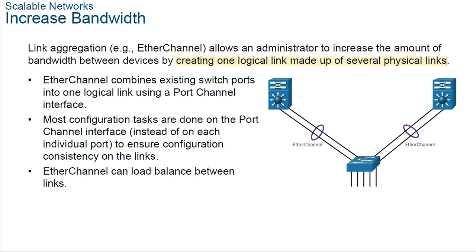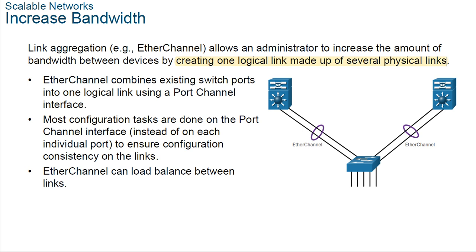So for example, one port has 100 megabit or 1 gig. Then we combine 8 ports together into one logical link, then we can have times 8. 800 meg, or if gigabit, we can have a maximum of 8 gigabit on one single link. Okay. Most configuration tasks are done at the port channel interface instead of each individual port.